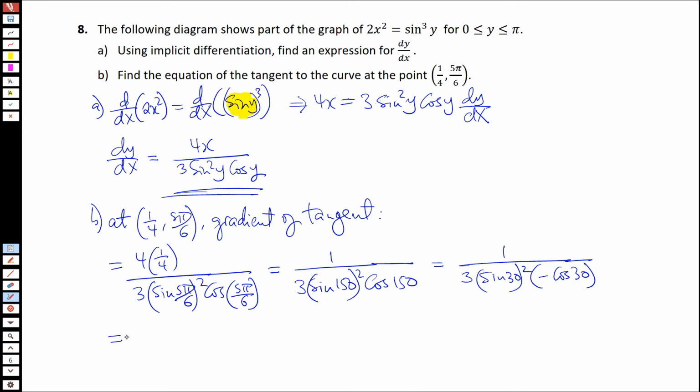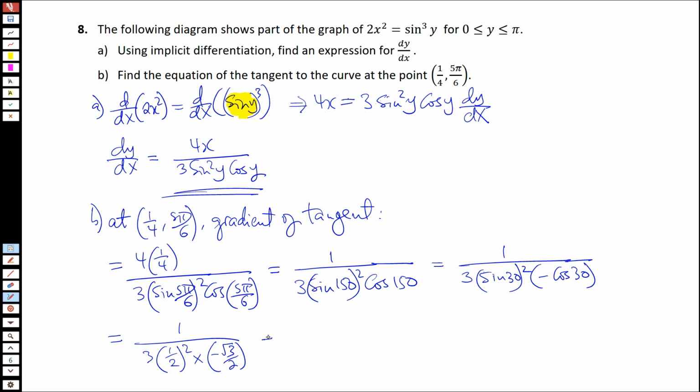Now, from special triangles, we know that sine 30 is a half, so that would be a half squared multiplied by negative cos 30, and cos 30 is root 3 over 2, so that will be negative root 3 over 2.